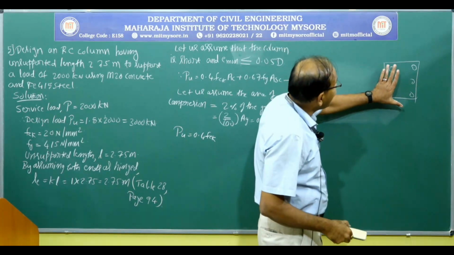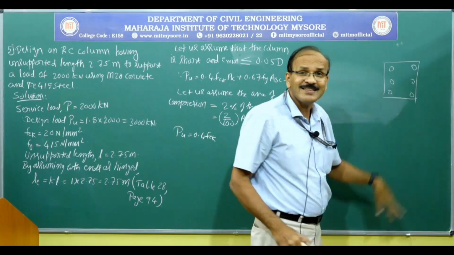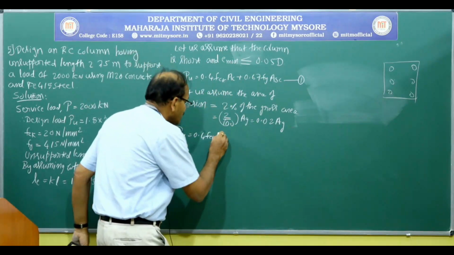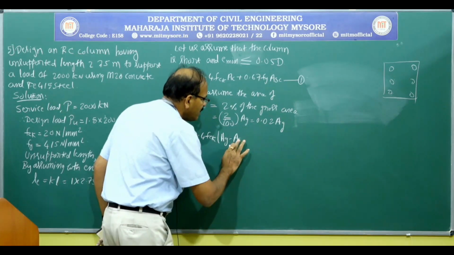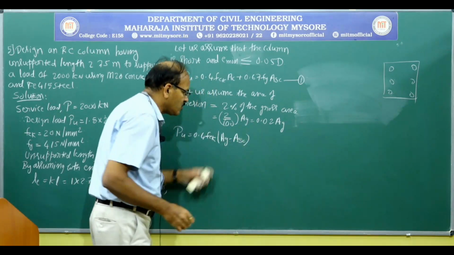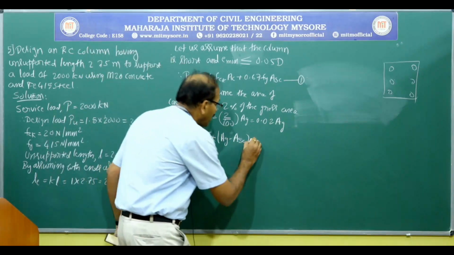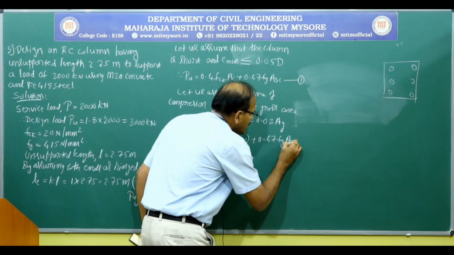So the area of concrete is the gross sectional area minus the area of the steel. That's why I am going to write here Ag minus Asc, that is gross area minus the area of compression steel, plus 0.67 fy Asc.